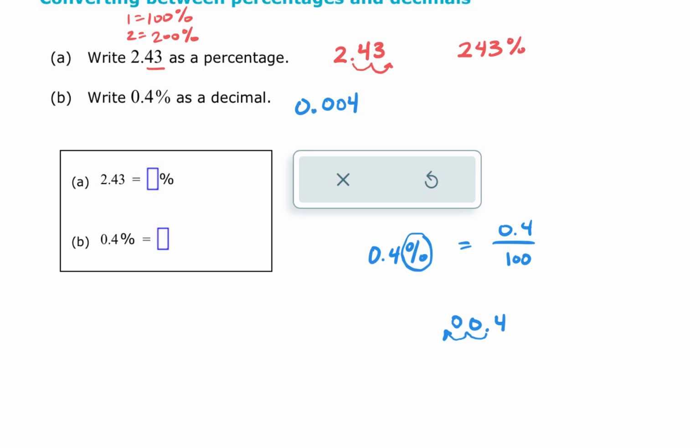And again, if we just think about reasonableness, 1% would be 1 out of every 100, which would be 0.01, 1/100th. So 0.4% should be less than this number. It should be really close to half of that number. So if you look at this number that we have, 4 1,000ths, this number right here is 10 1,000ths, and 4 1,000ths is just a little bit less than half of that.